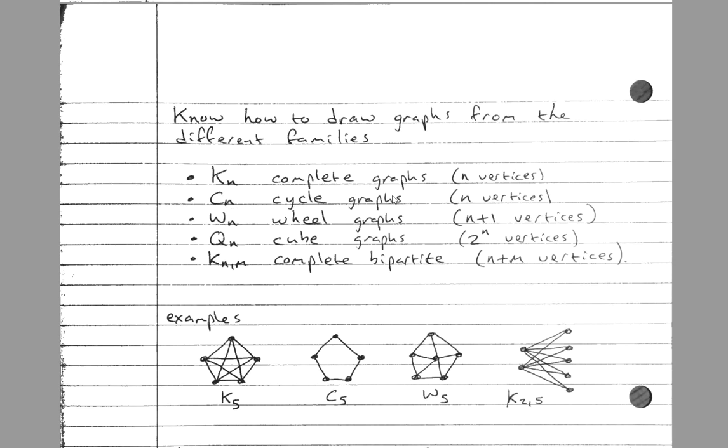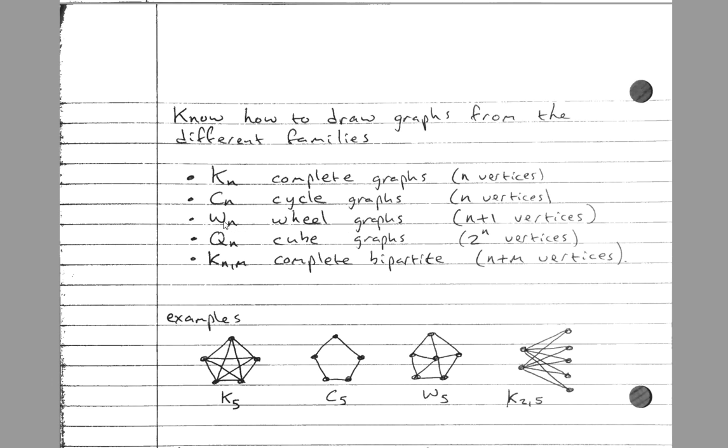C sub n is the cycle graph, so just like a circle. And then if you add a new vertex in the middle of C sub n and connect edges like spokes, you get the wheel graph.